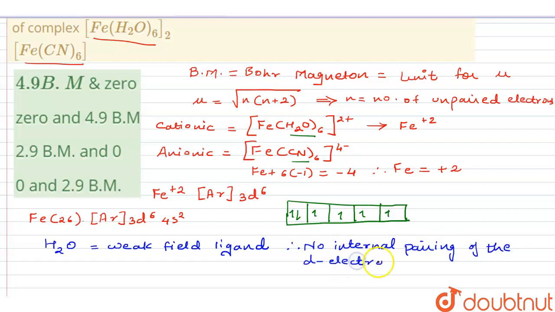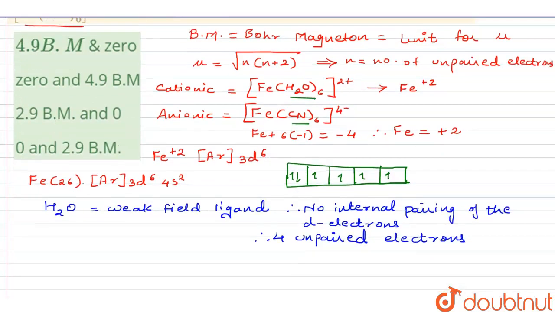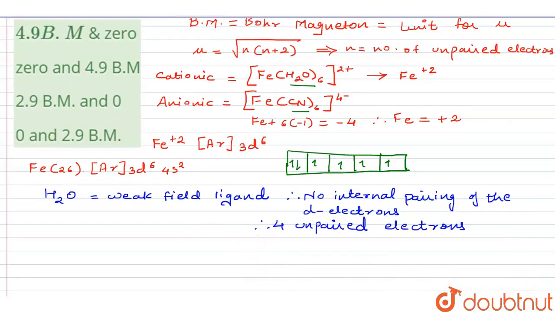Since there is no internal pairing, I'm left with 4 unpaired electrons in this cationic part of the complex. The calculation for mu for the cationic part is root of n into n plus 2.